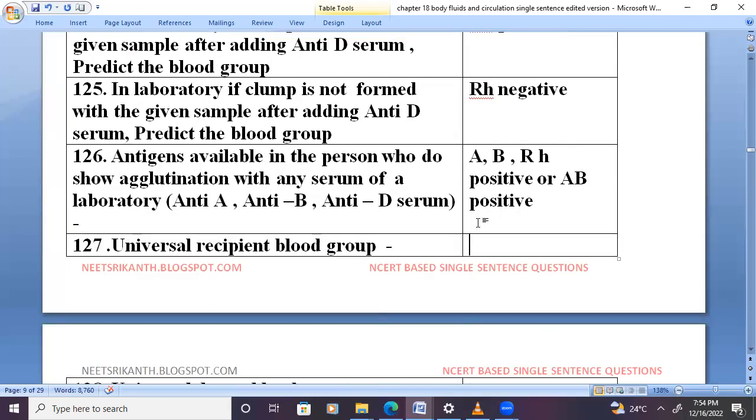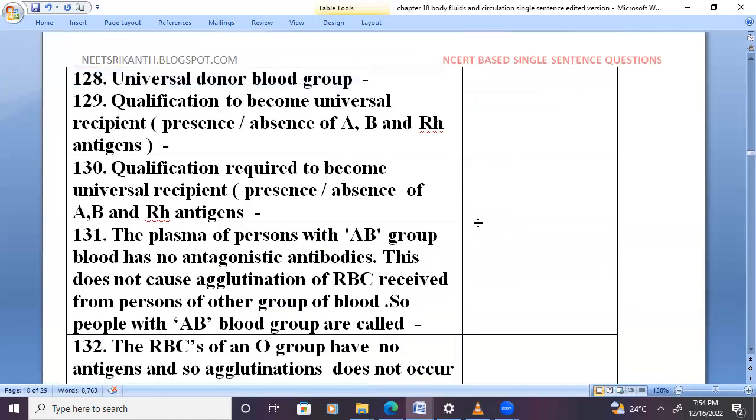Universal recipient blood group is AB blood group. Universal donor blood group is O blood group.